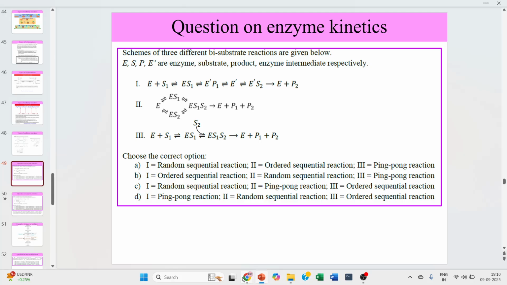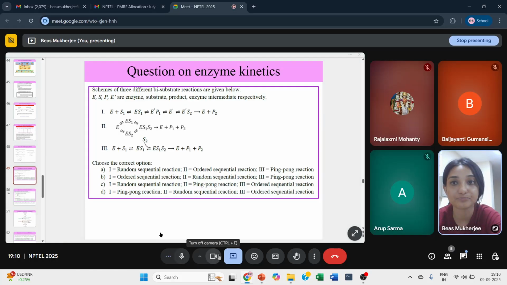Okay. Now we will try to answer this question. Schemes of 3 different bi-substrate reactions are shown below. So see, 3 different schemes are given for you. So based on these 3 different schemes, tell me which reaction is which. It's very simple to understand.